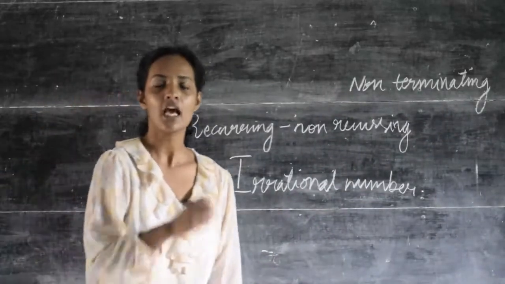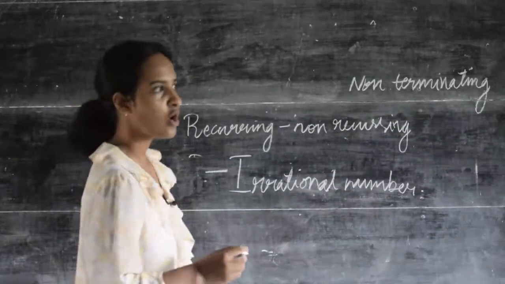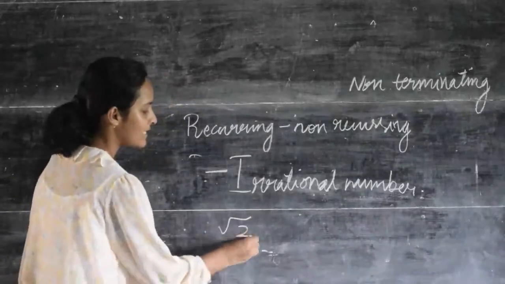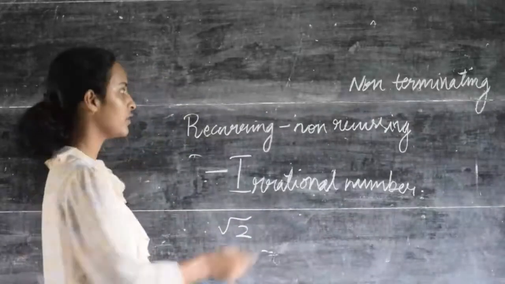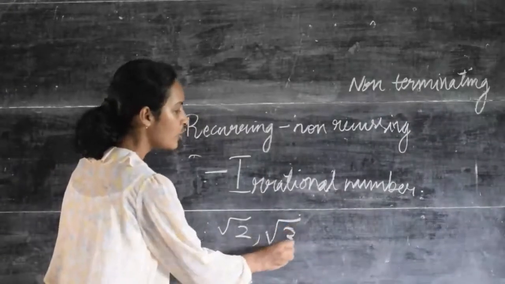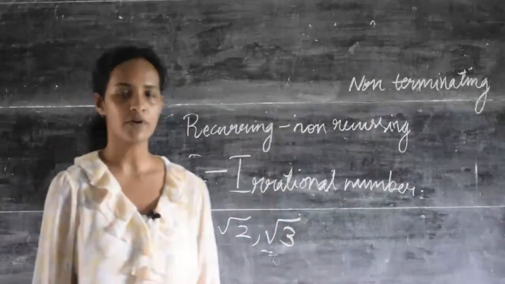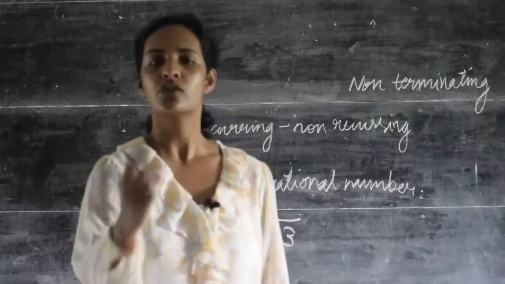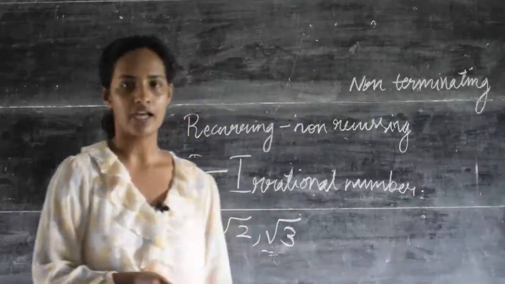Which were the 2 irrational numbers that we saw? Root 2 has non-terminating, non-recurring decimal expansion, and root 3 also has it in the example. So these 2 numbers are irrational numbers.